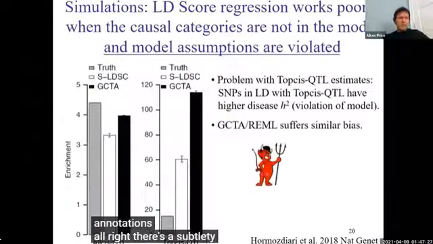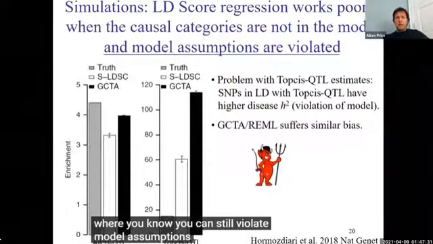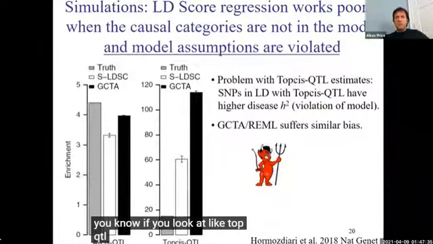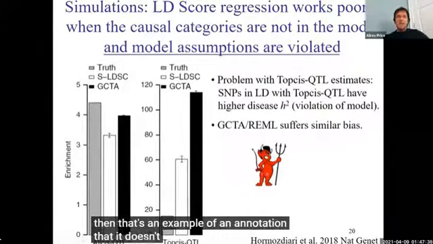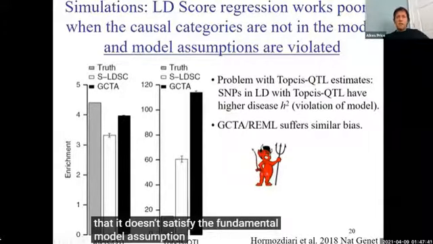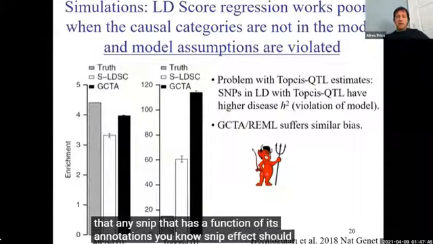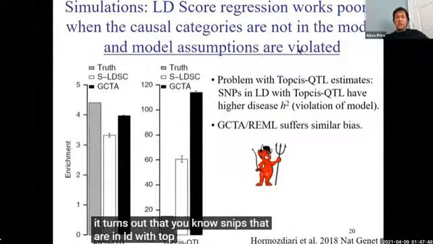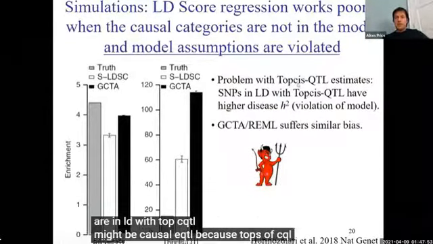All right, there's a subtlety that I feel I should skip over, where you can still violate model assumptions if you're not careful. If you look at top cis-QTL in gene expression data, that's an example of an annotation that doesn't satisfy the fundamental model assumption that, as a function of its annotations, SNP effects should be IID, because SNPs that are in LD with top cis-QTL might be causal eQTL, since top cis-QTL might be tagging.